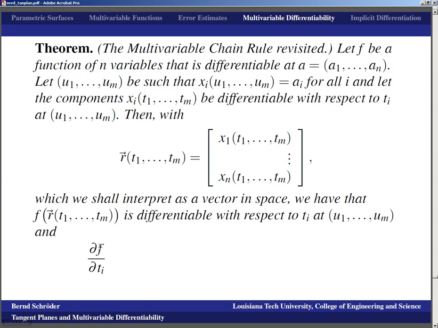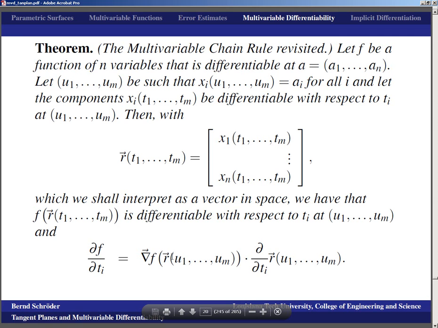And we have that the partial of f with respect to ti is the gradient of f at r of u1 through um dot the partial with respect to ti of r of u1 through um.